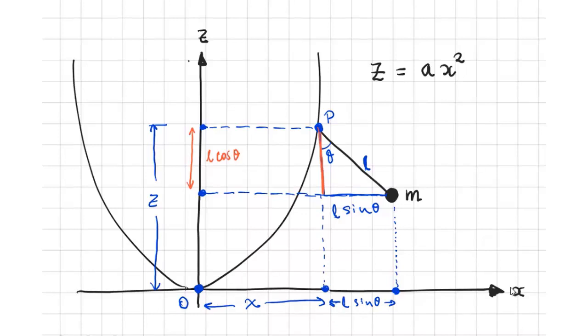Okay, so with that done, we can write the position of the mass along the x-axis and the z-axis respectively.